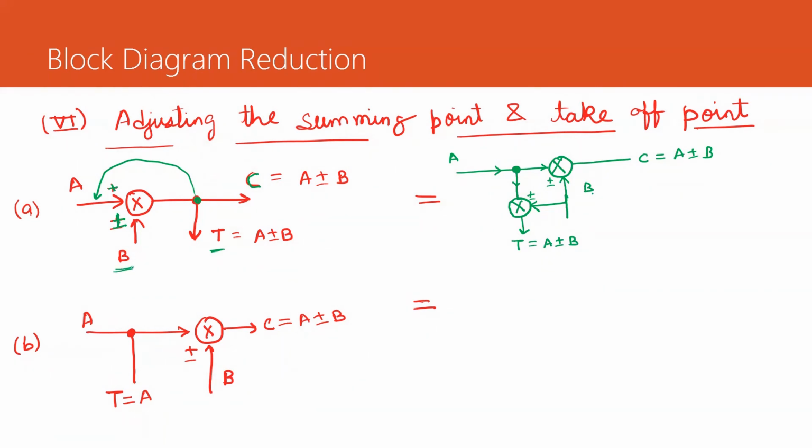Okay, similarly if I have a takeaway point over here and I want to move this particular takeaway point to this particular location. Okay, so now what I have to do, I have a summing point over here, and I am moving a takeaway point to this particular location.